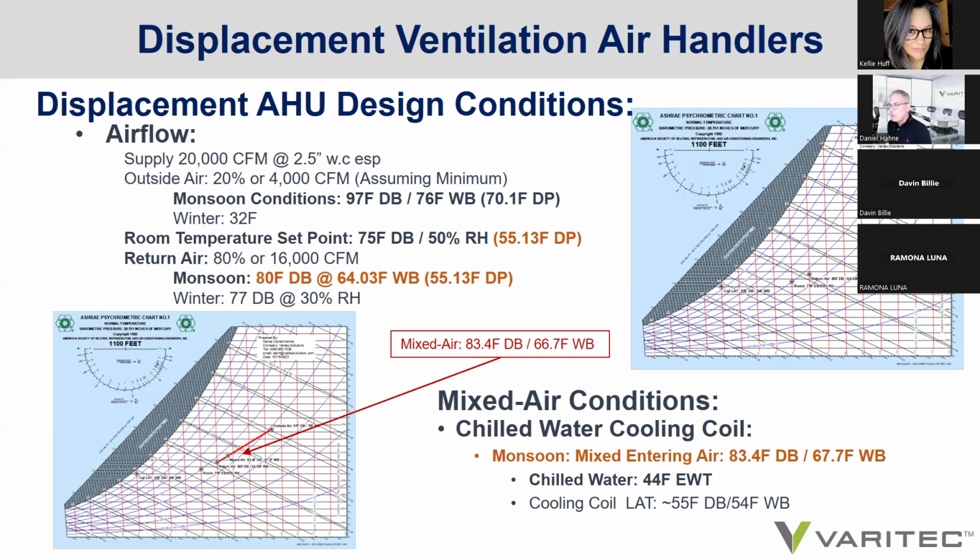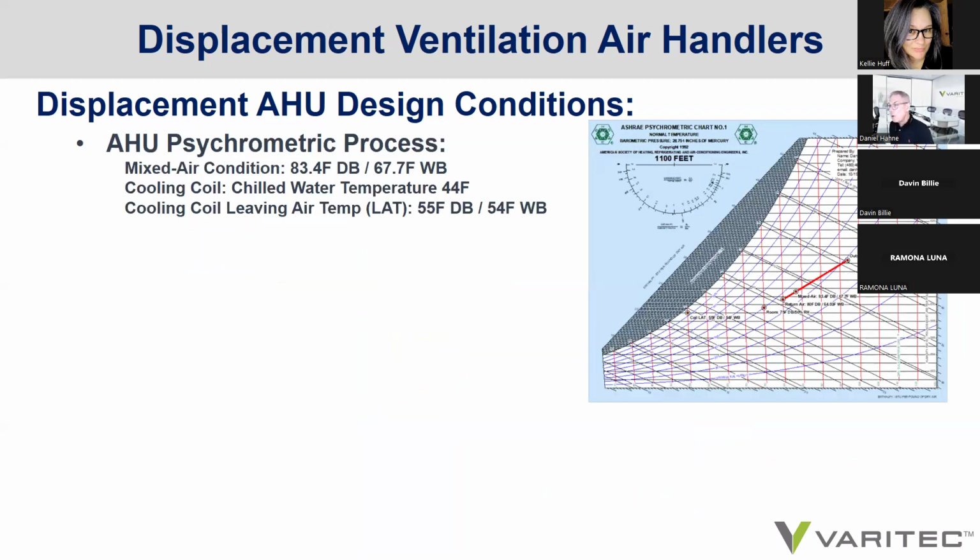You have to dehumidify, but this is the secret if you use side stream bypass for a displacement ventilation air handler: you have to make sure you have sufficient dew point depression across the coil whenever mixed air is being dumped into the supply air stream downstream of that coil in order to effectively control humidity.